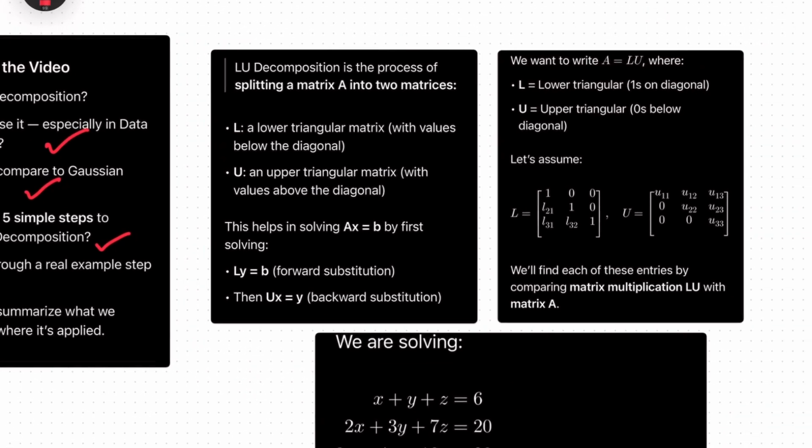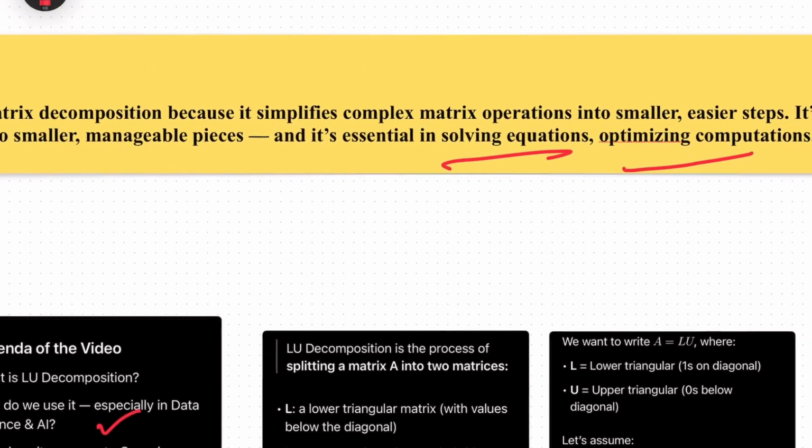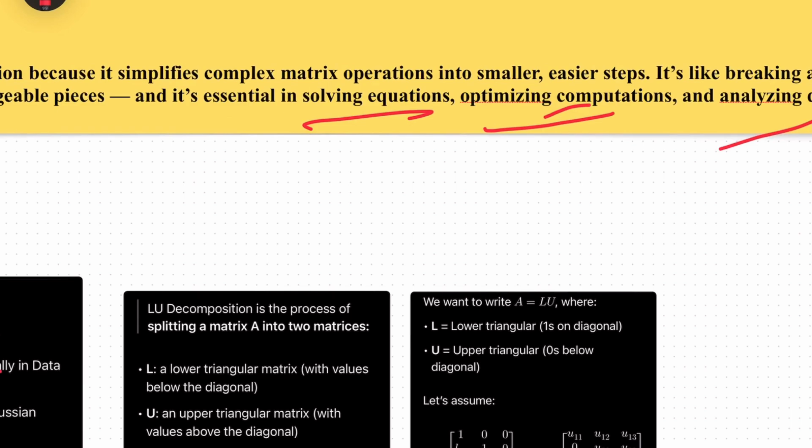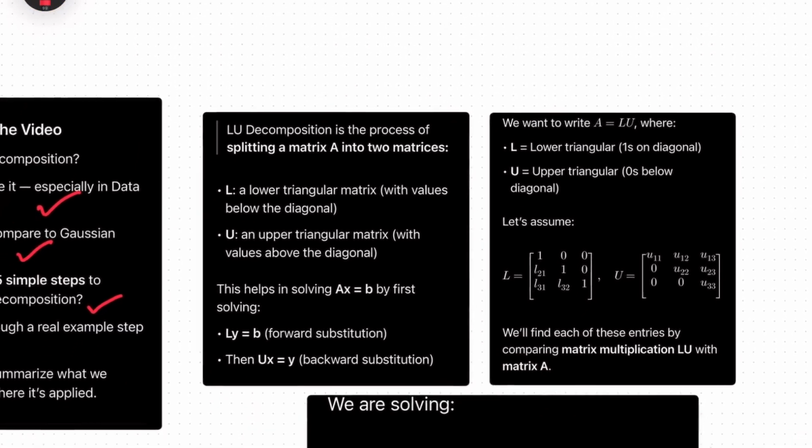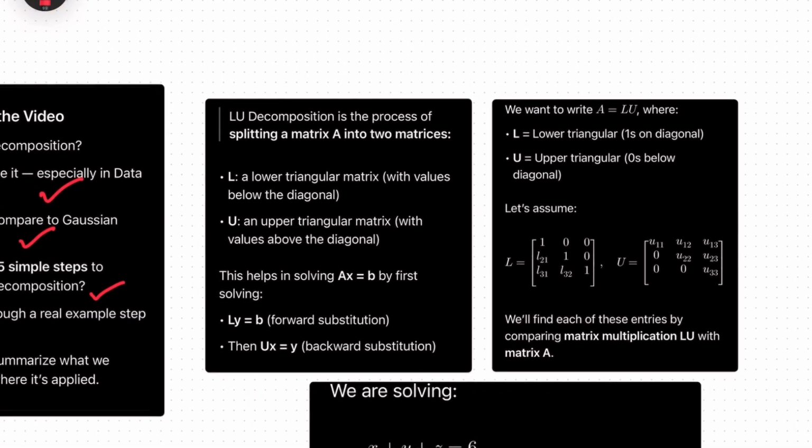We'll get into the definition of Gaussian elimination in the mid part of this video, and the 5 steps involved in LU decomposition. Then we will have a real example where we do the math of the matrix and derive the LU, trying to solve the equations.